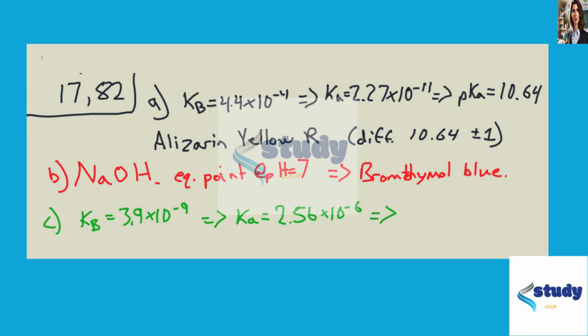And from there, the pKa as being 5.59. So we're looking for a change in pH equal to 5.59 plus or minus 1. And when we see the table, the best indicator for that purpose is methyl red.